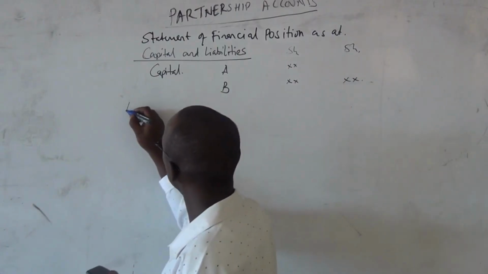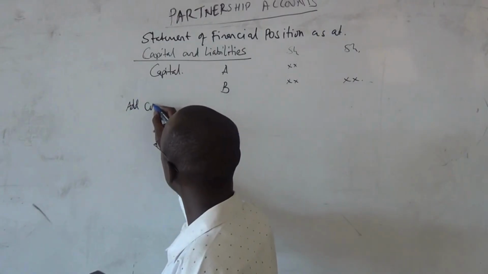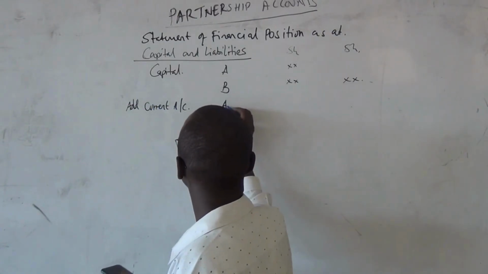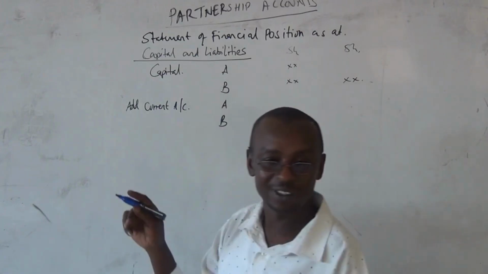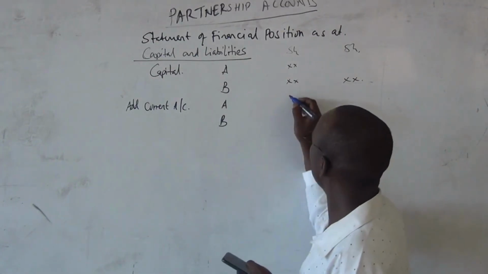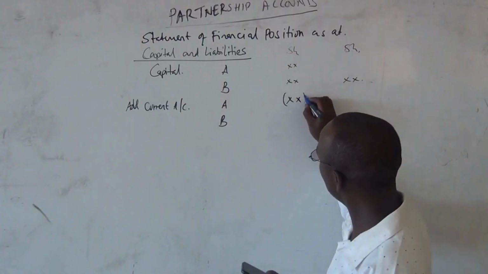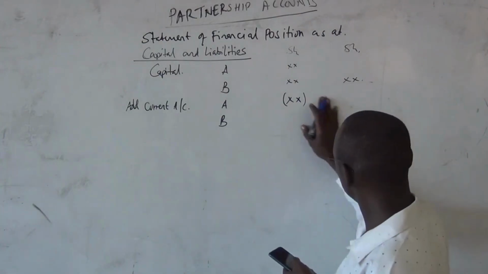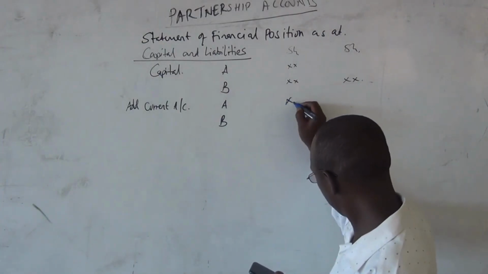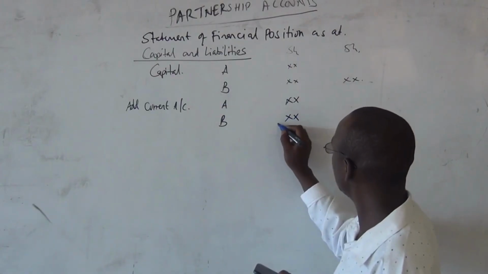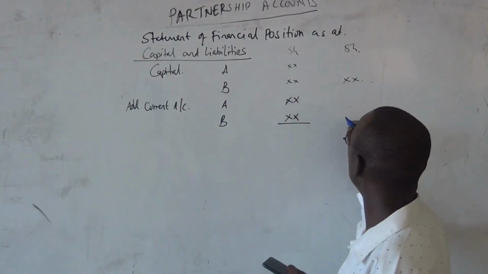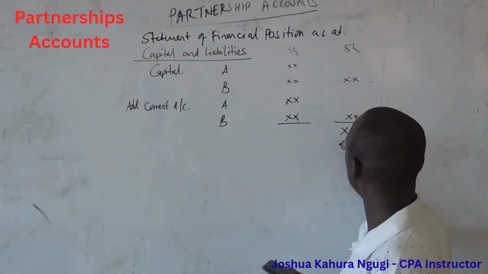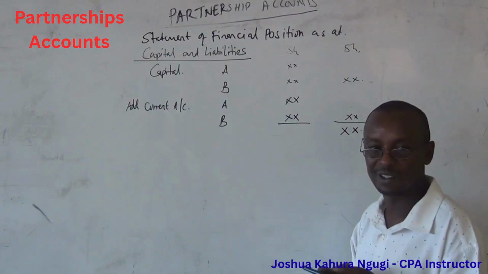Then you add the current account, the balance that you prepared. If it's on the debit side, it will be like this; otherwise it is on the credit side. So our current account will be like that, and we add.